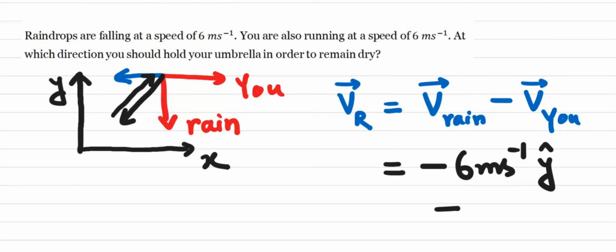And this other minus is because of the minus we have here. Then your velocity in the positive x direction has to be 6 meters per second x hat. So this is the relative velocity of the rain.